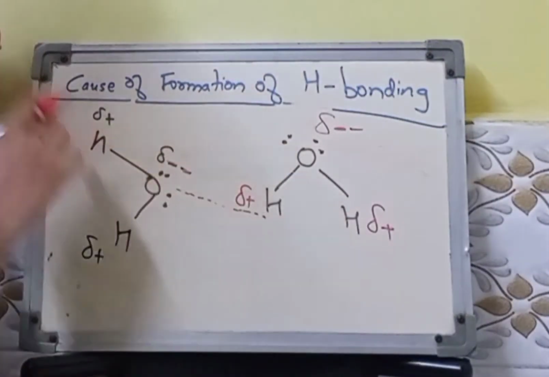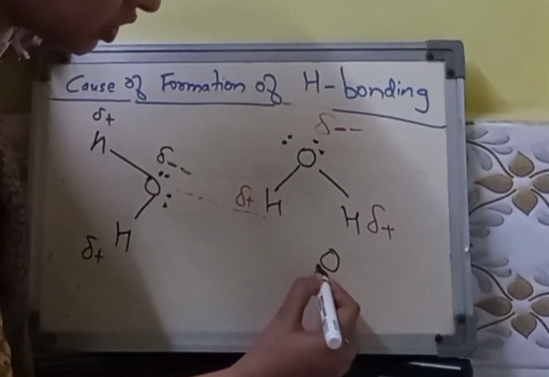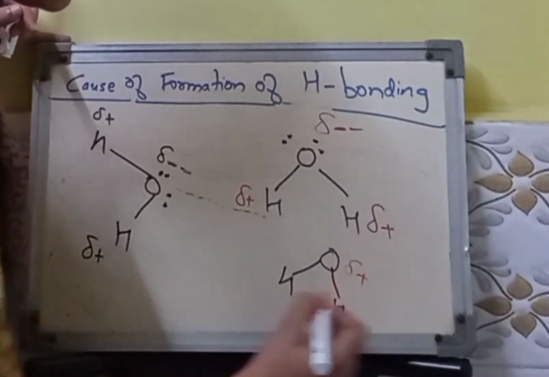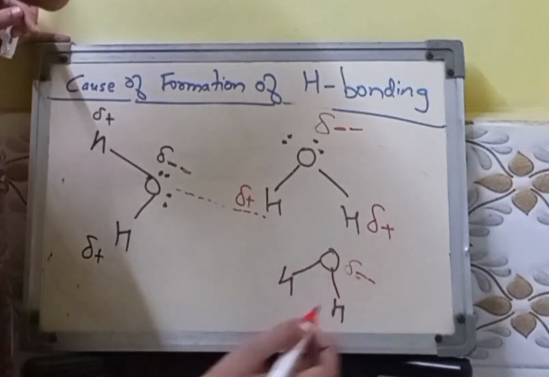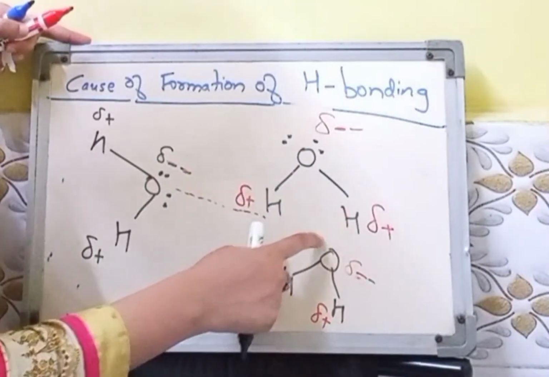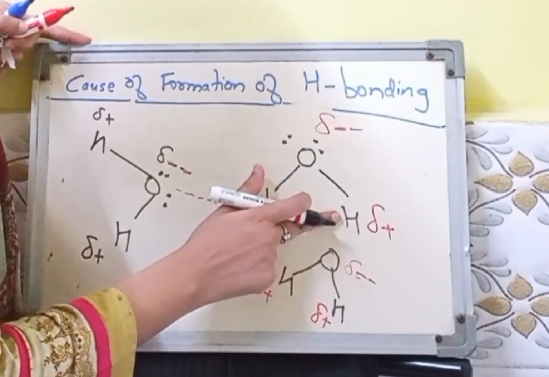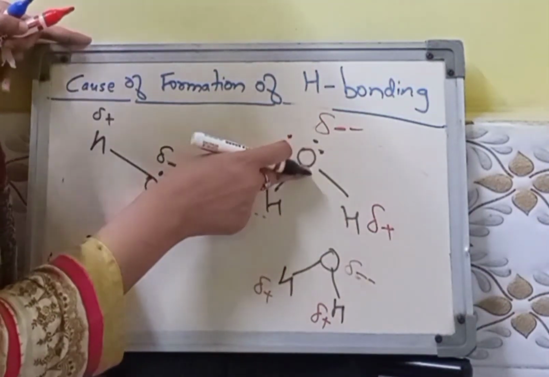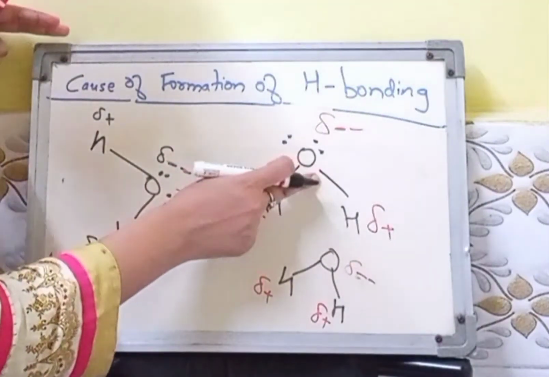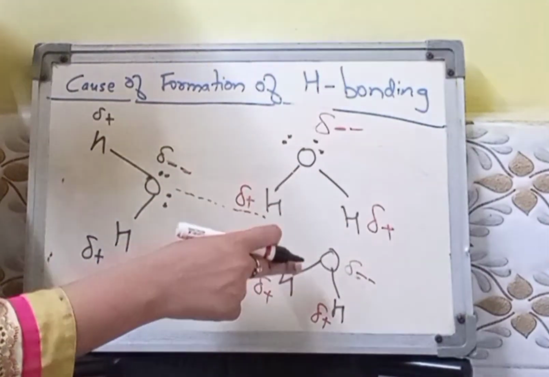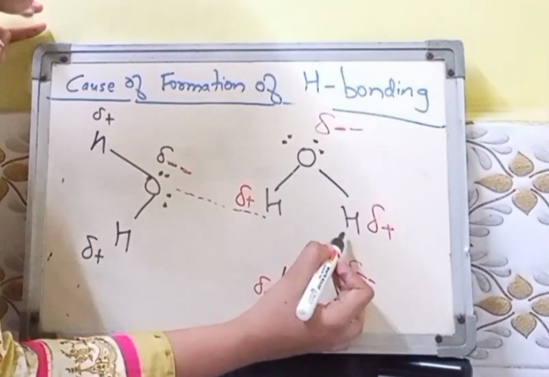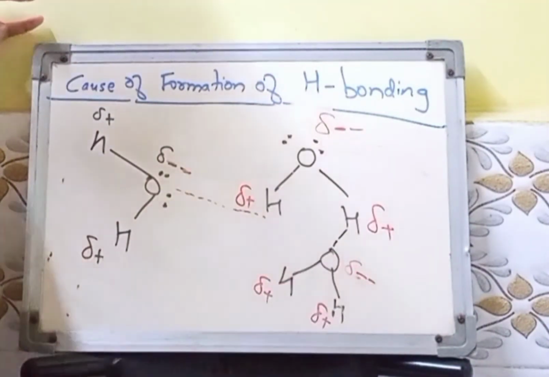You will have oxygen, you will have H. There is a partial negative charge over here, partial positive charge on this. Once they are close enough, your hydrogen here, which is covalently bonded to an electronegative atom, faces force of attraction with another electronegative atom present in another molecule, that is this oxygen. I'm showing it again with the help of dotted lines.